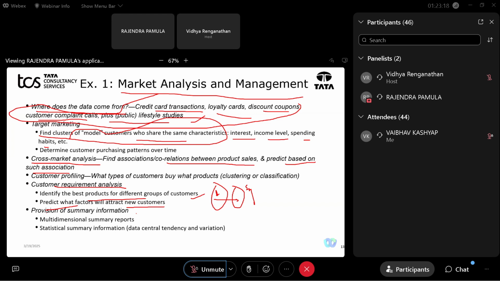The provision of summary information is multi-dimensional summary reports. Say, suppose I can create a summary of an entire cricket match.